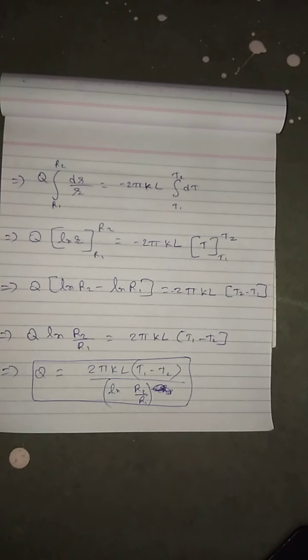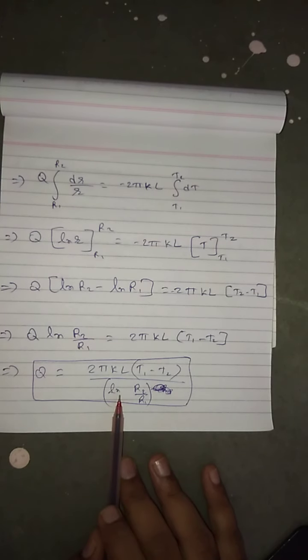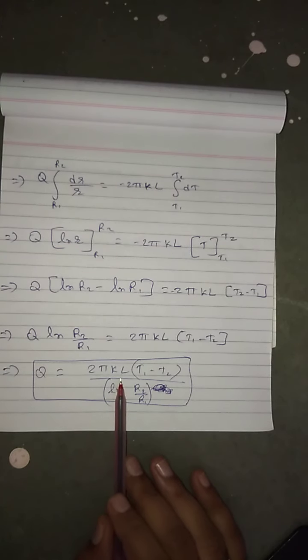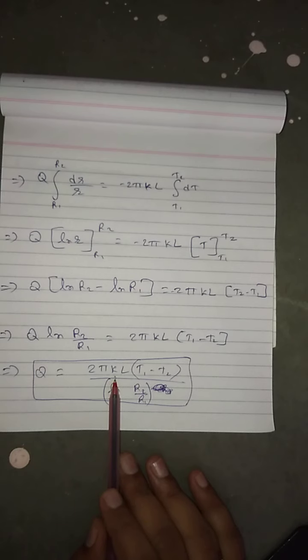Okay, so here we will discuss the terms one by one. K is the thermal conductivity. The thermal conductivity for a general material is constant in any direction for homogeneous and isotropic material. L is the length of the cylinder.